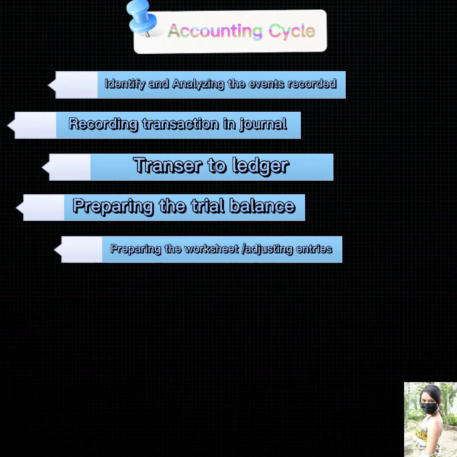The fifth step is preparing the worksheet and adjusting entries. The worksheet is created and used to ensure that debits and credits are equal. If there are discrepancies, then adjustments will need to be made.